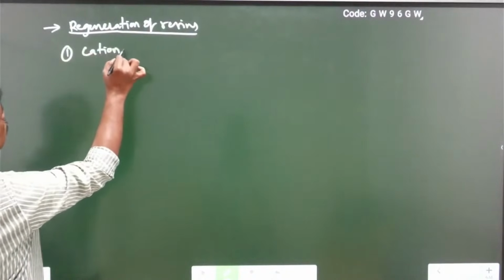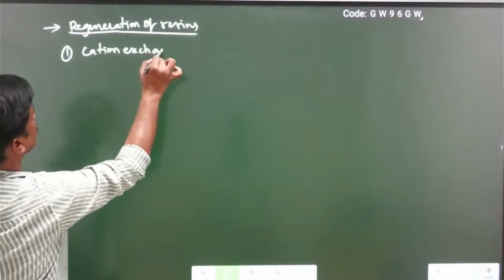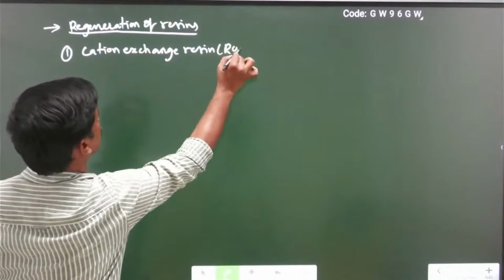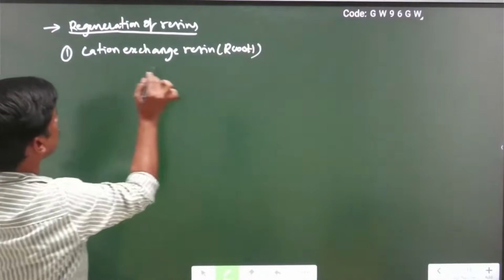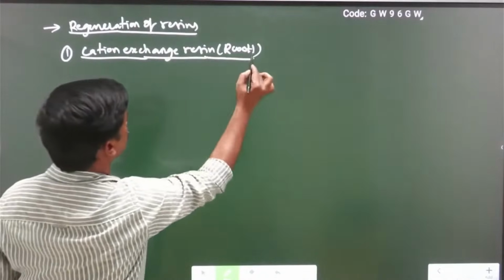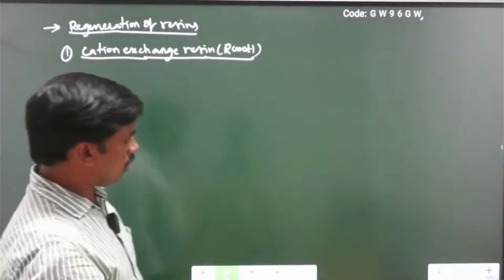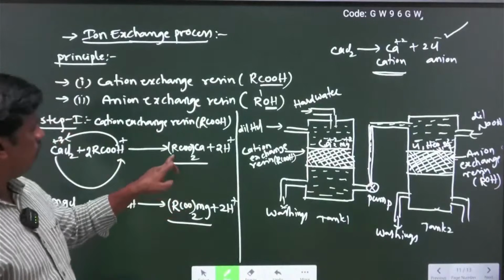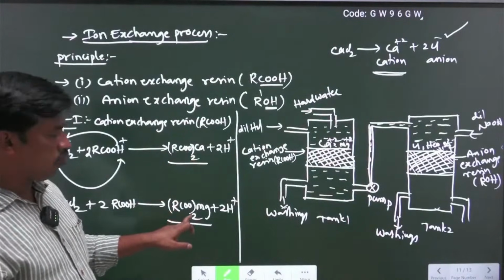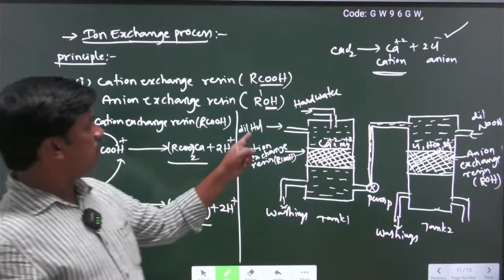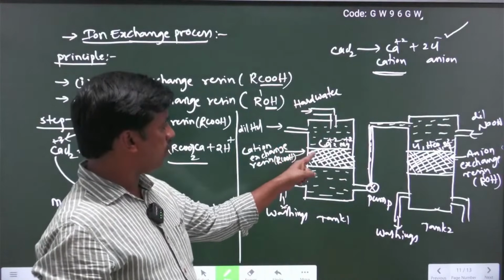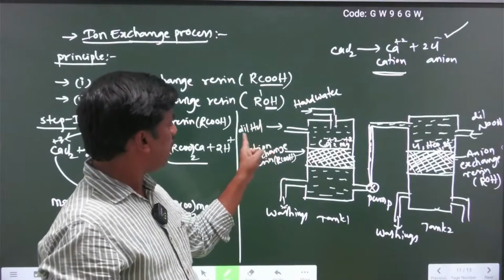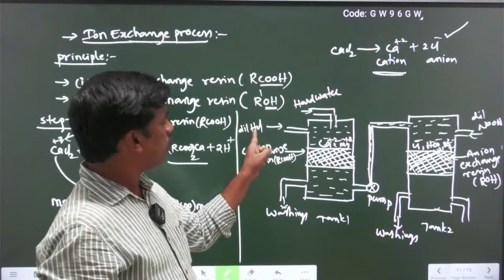First, the cation exchange resin. How to regenerate? Here we need RCOOH. The resin in the form RCOO2Ca and RCOO2Mg can be regenerated by the addition of dilute hydrochloric acid.